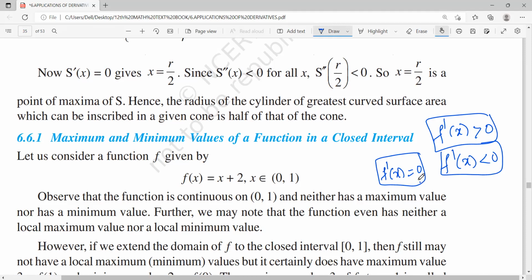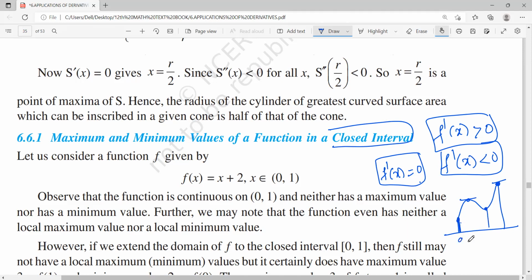If it has turning points, then you need to find them out. So in the closed interval, let's say the graph is like this. When you have a closed interval, then the problem comes, because here this is a maximum, this is also a maximum. So this is called a local maximum, and this is called the absolute maximum. This is a minimum, this is also a minimum, but this is a local minimum.